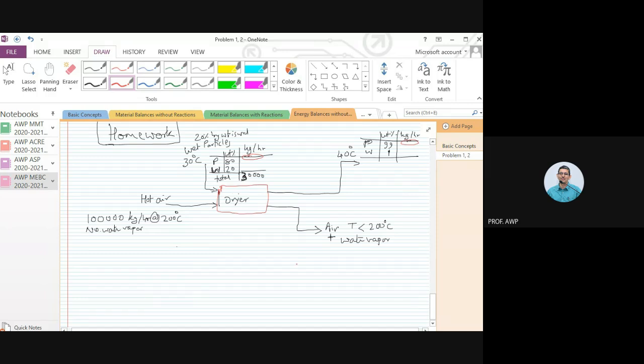I would like you to calculate the temperature of this air, and I would also like you to calculate what is the percent RH of this air, right? We can assume that total pressure is 760 mmHg throughout all cases.